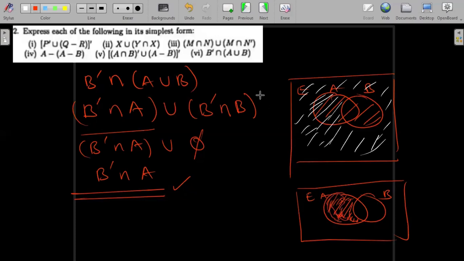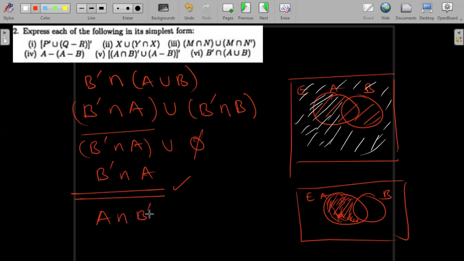Okay, so this is where this ends. Do I have any question here? Which one is preferred, either A intersect B complement or A minus B? Okay, so whichever you're going to use. Remember this last part, you can write this as A intersect B complement.